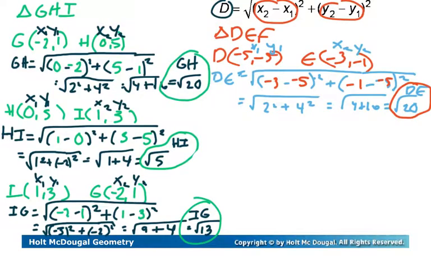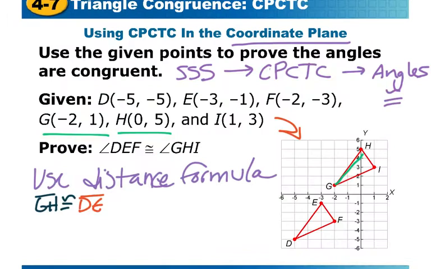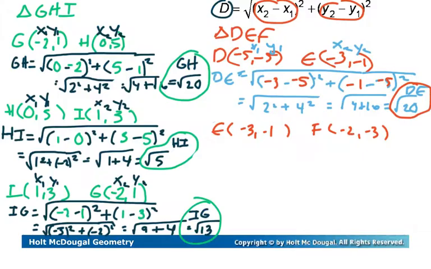Alright, then we'll move on to the next one. So the next one is going to be EF. So we need the coordinates of EF. So E is (negative 3, negative 1), and F is (negative 2, negative 3).